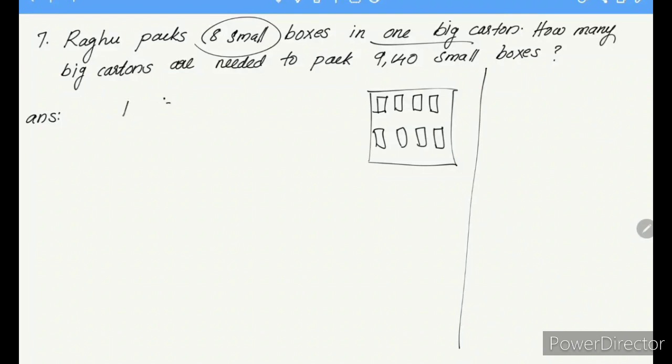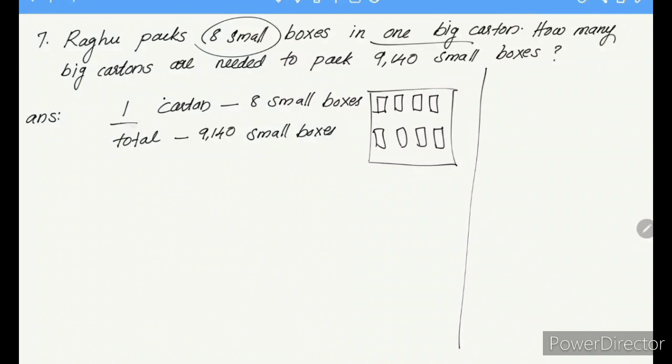In one carton, 8 small boxes. And how many small boxes are there in total? 9,140 small boxes are there. Then how many cartons needed? In one carton, 8 small boxes. So, we can divide it.